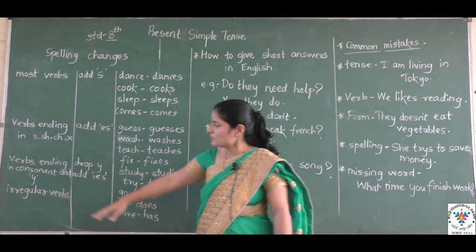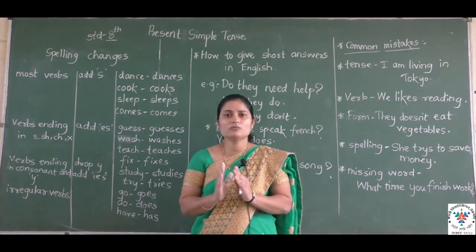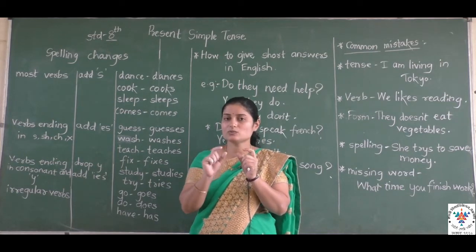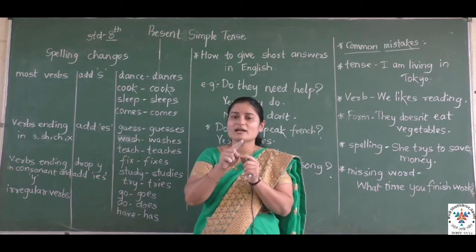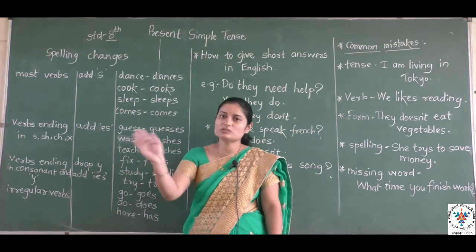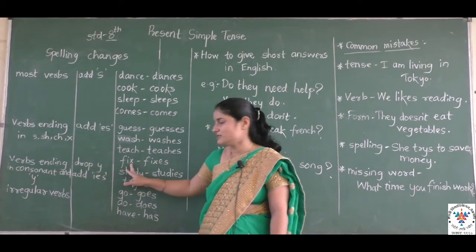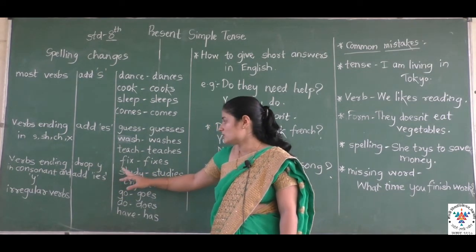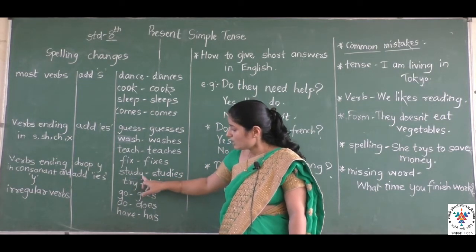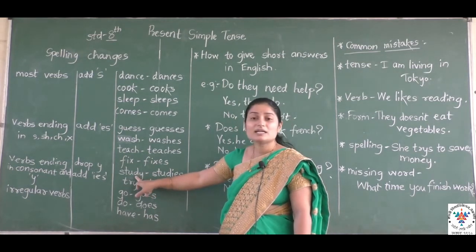Next part is verbs ending in a consonant and y. If the last letter of the verb is y and before that there is a consonant, that time you should drop the y and add ies. For example, study. Here the last letter is y, and before that d is a consonant.